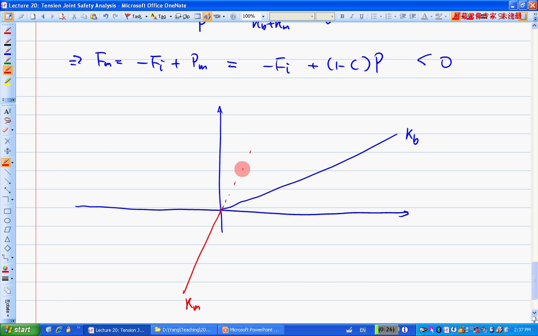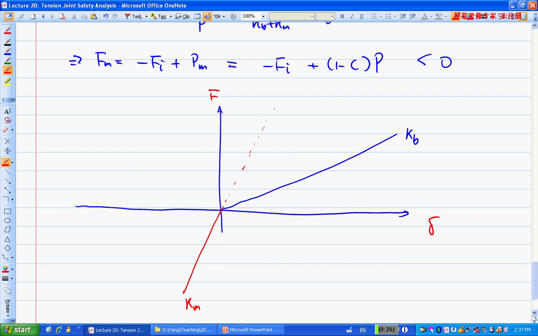The member stiffness in general is much higher than the bolt stiffness, sometimes 5 to 8 times bigger. So this is going to be the delta, and this is going to be the load F, right? So we consider them as linear springs.